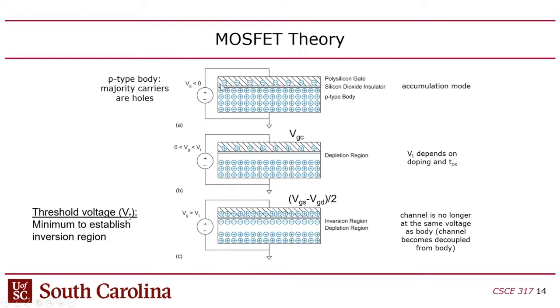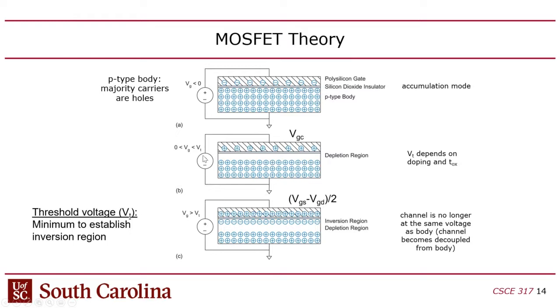And so if the voltage of the gate is negative or 0, then this is called accumulation mode. It means that in the channel, you're just going to be attracting the holes. But if you start to raise the voltage of the gate, now initially, the voltage is going to be the voltage of the gate minus the voltage of the body, which is grounded.